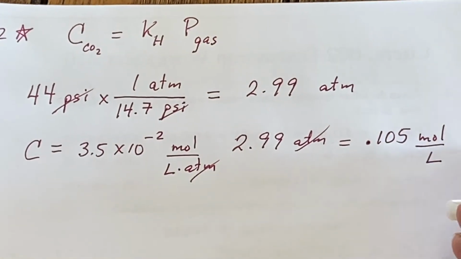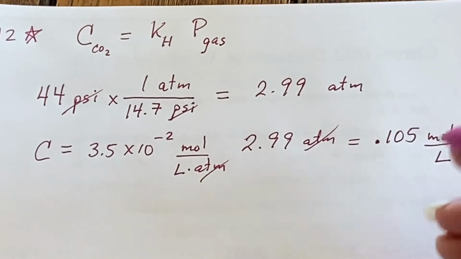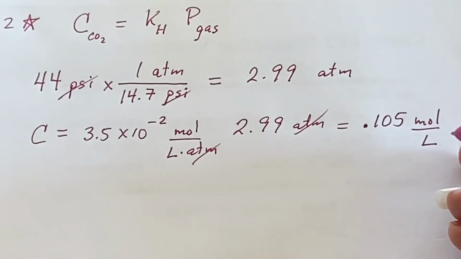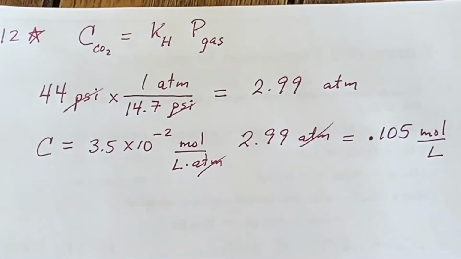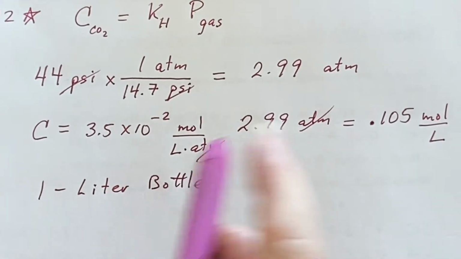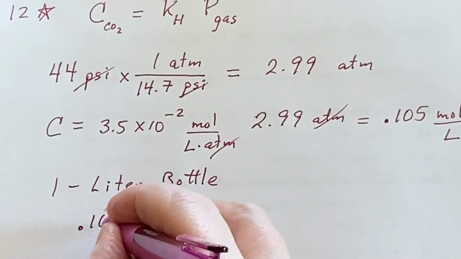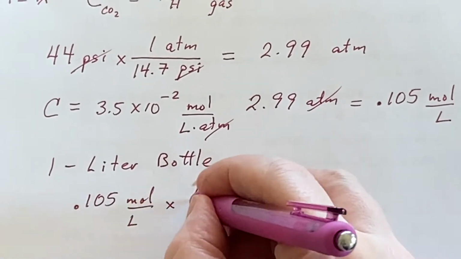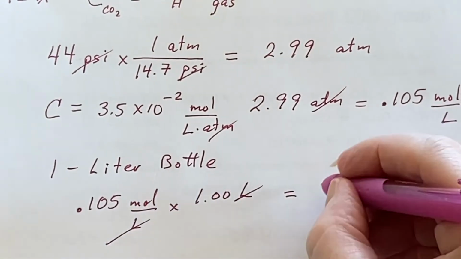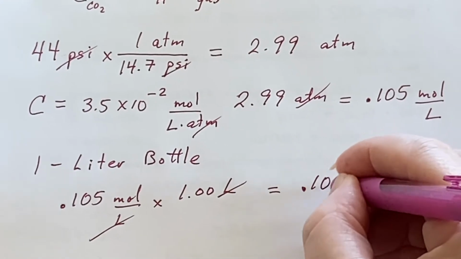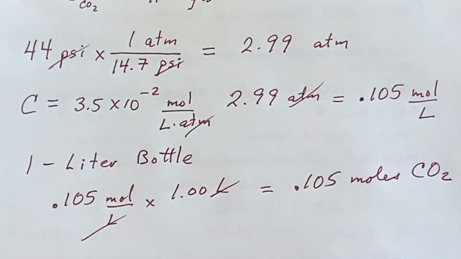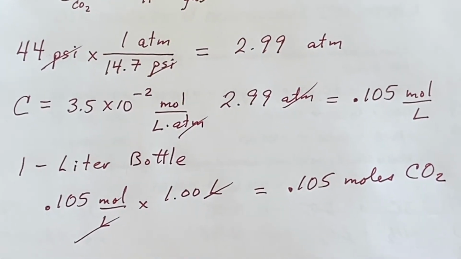They asked me for how many grams of CO2 was dissolved in the seltzer. It says it's a 1 liter bottle. Aha! If it's a 1 liter bottle, I can just multiply the 0.105 moles per liter by the 1 liter bottle. Now I know how many moles there are. So this is moles of what? Carbon dioxide, that's what.